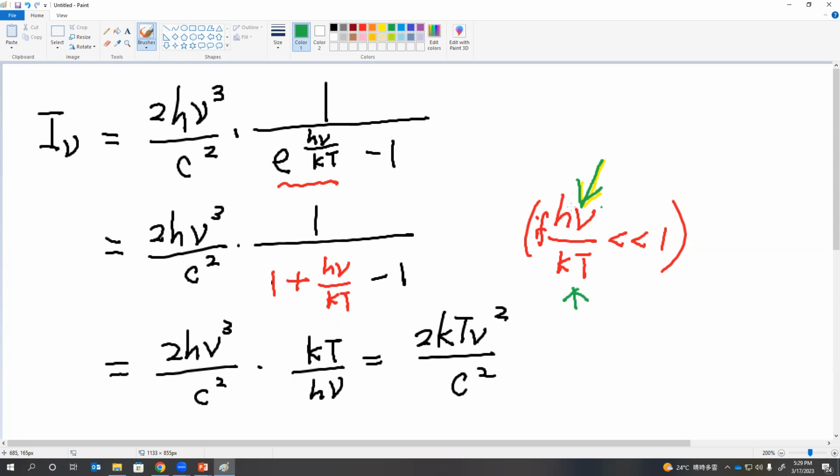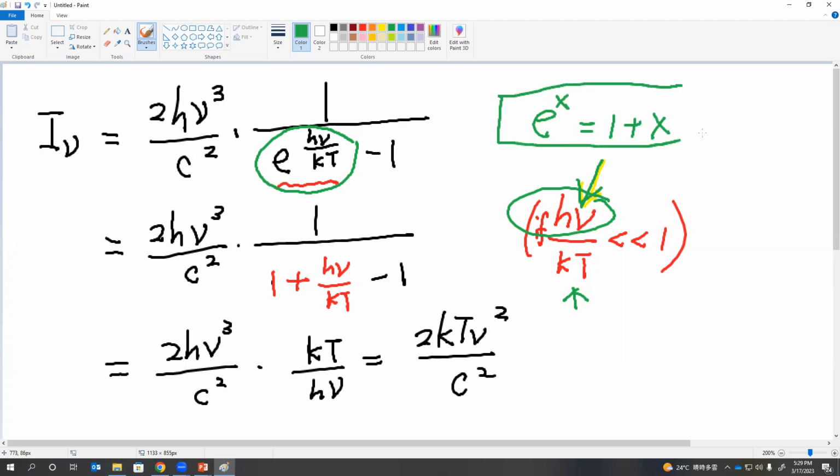What can we do from simple Taylor expansion? e to the power of something, we can use a linear approximation.